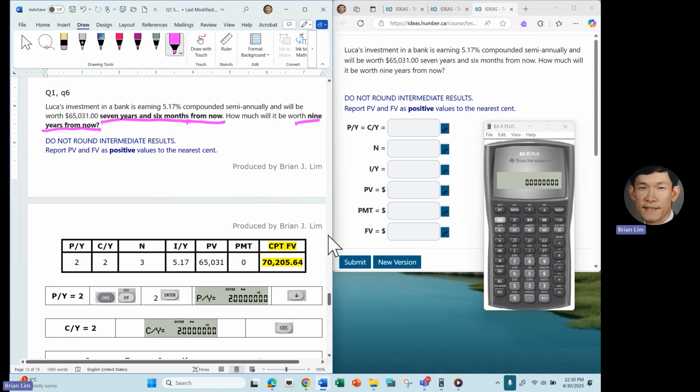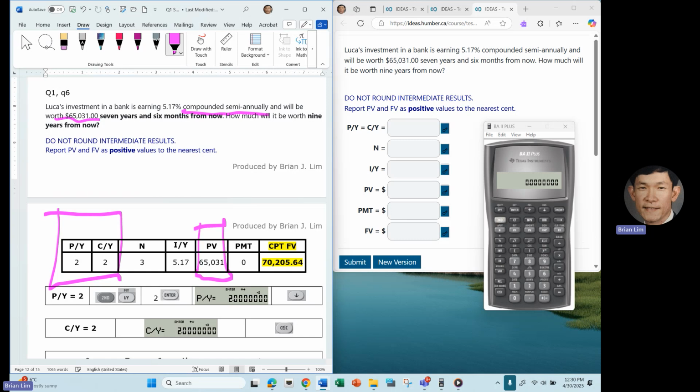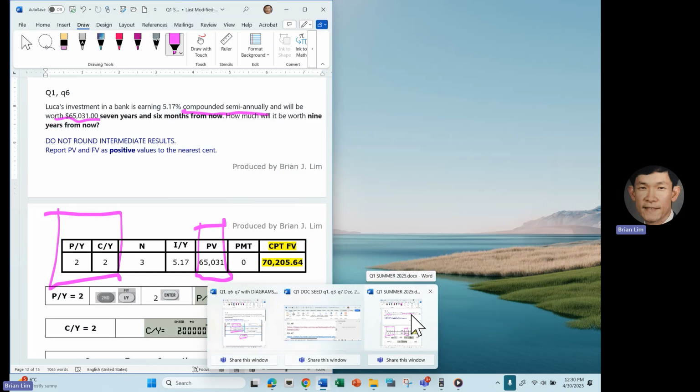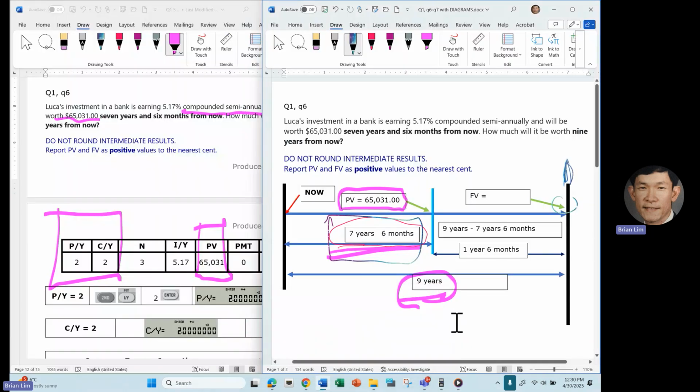All right, so if we go back now and we start in our usual fashion, we have the compounding. The compounding is semi-annually, so that results in those values of 2 being there. Now, the amount of money of 65,031 will be the present value at the point in time when we are 7 years and 6 months from now, which is right here.